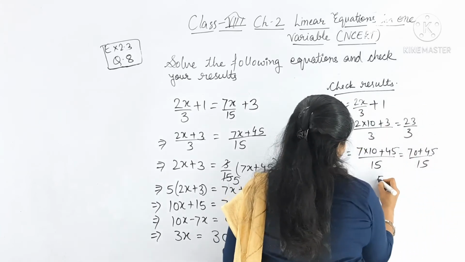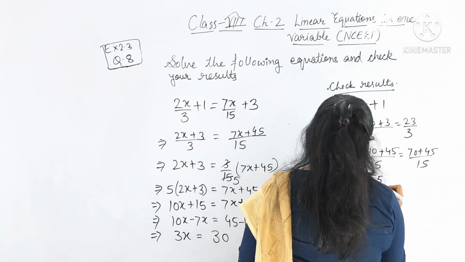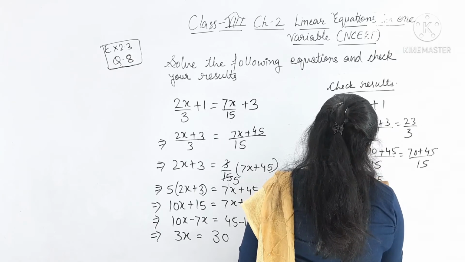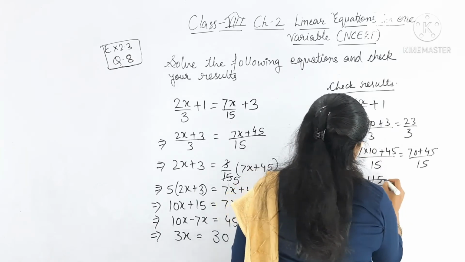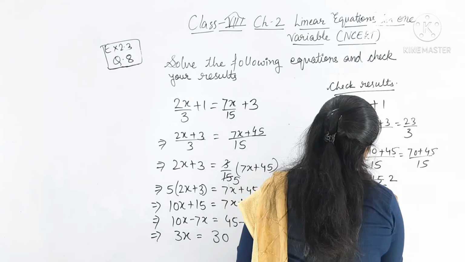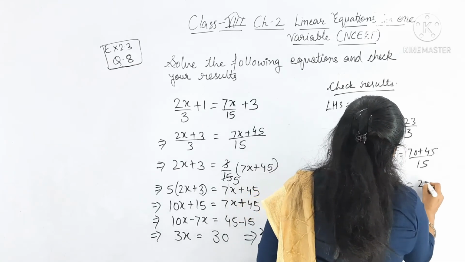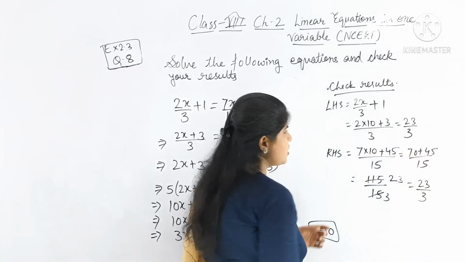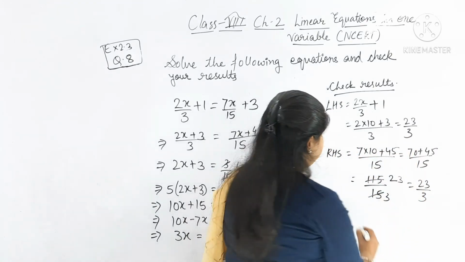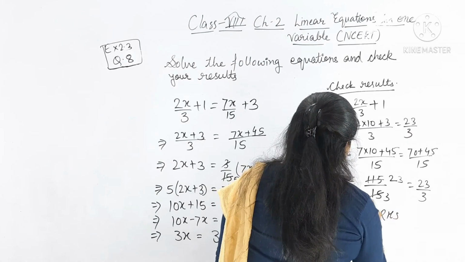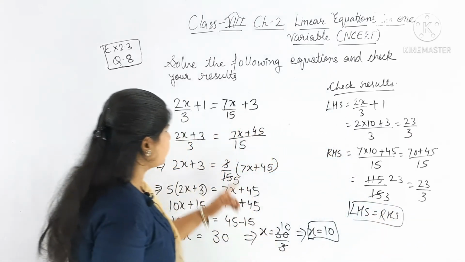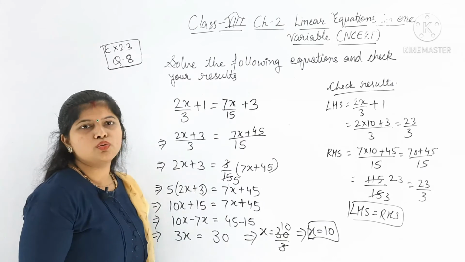What I am getting here, 115 divided by 15. So 5 3s are 15, 5 2s are 10, 115. So I am getting the same answer, 23 by 3. So LHS is equal to RHS. So your value is correct for this equation, that is x equal to 10.